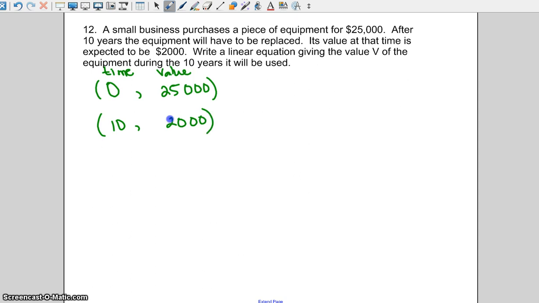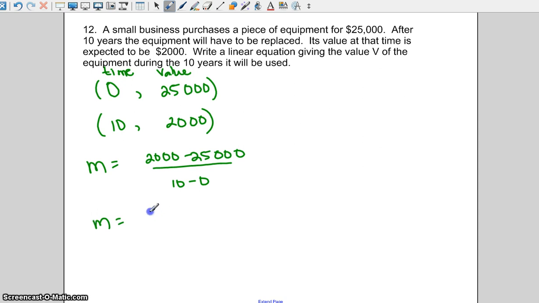So we can use those two ordered pairs to find the slope of the line and to write an equation for it. So first, the slope will be 2,000 minus 25,000 divided by 10 minus 0.